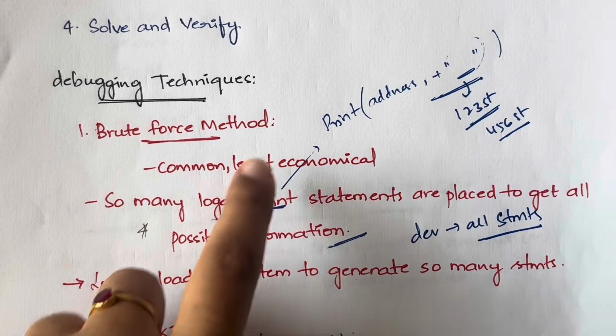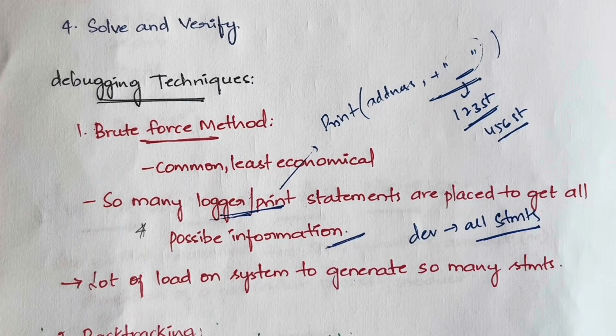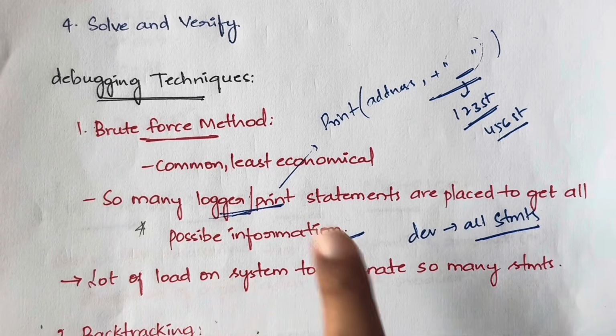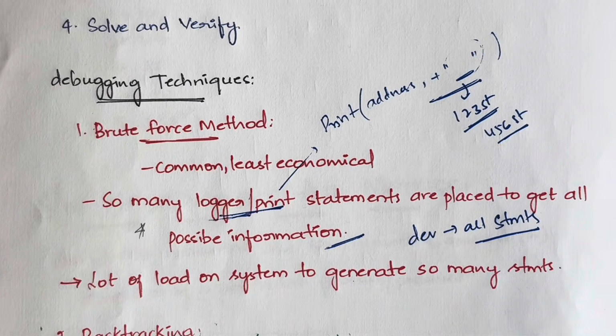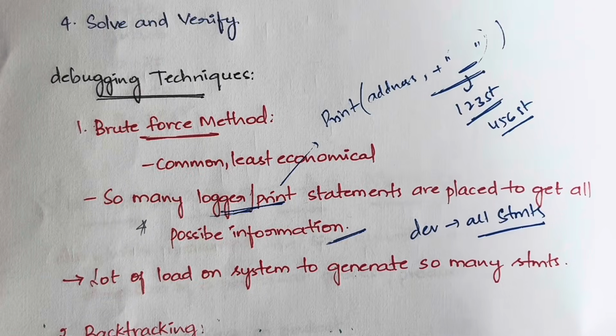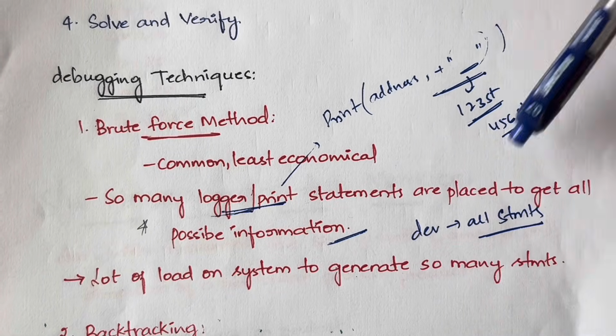So that is why it is one of the least economical: it is a load on the system, and it is also a time-taking process for the developer to go through all those things. Okay, this is about brute force. One of the very straightforward approaches, I would say.